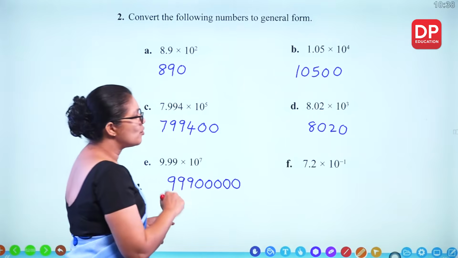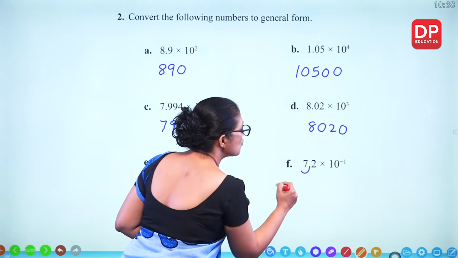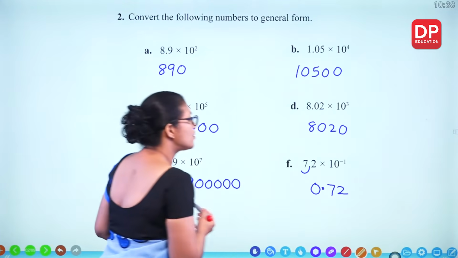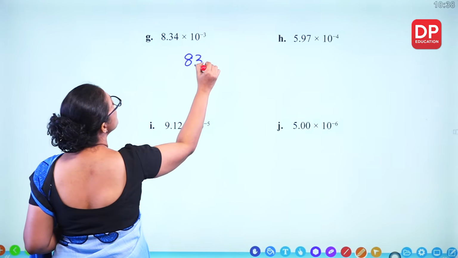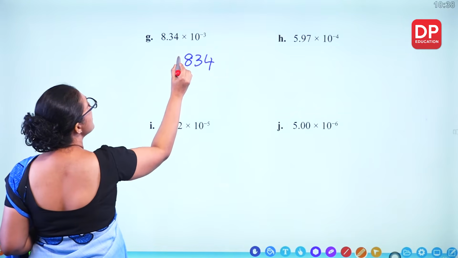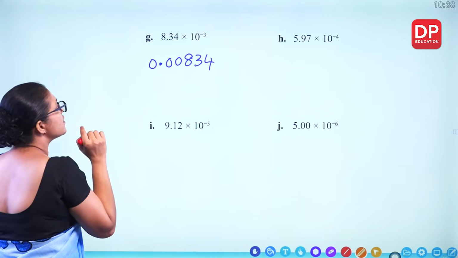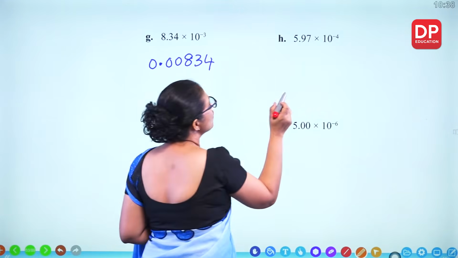Minus 1 means you move to the left. So you move 1 place to the left, you get 0.72. This is minus 3, 10 to the power minus 3. 3 places to the left. 1 is already there, 2, 3. So 0.00834. 4 places to the left.